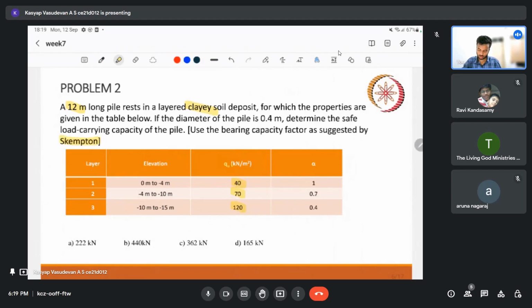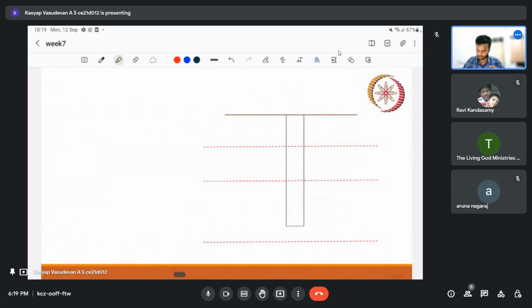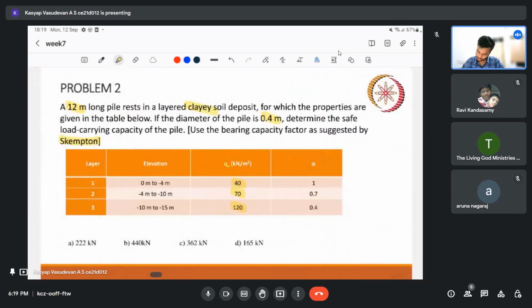They have also told us to use Skempton. So we have the diameter, also the length. So I think we can start. The length of the pile is 12 meters.